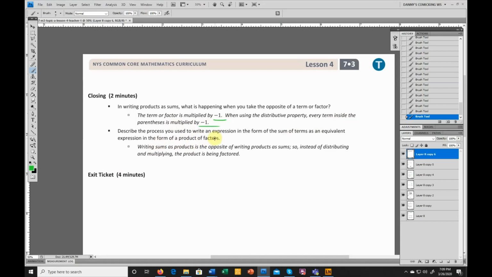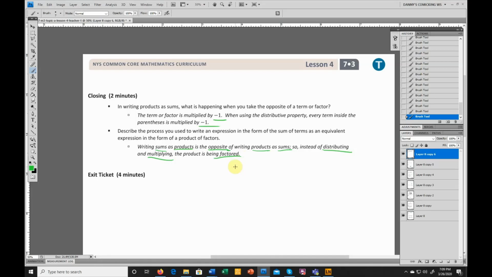Describe the process you use to write the expression in the form of a sum of terms as an equivalent expression in the form of a product of factors. Writing sums as products is the opposite of writing products as sums. So instead of distributing and multiplying, the product is being factored.